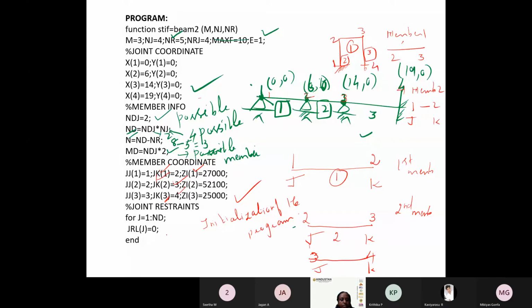Something we have to set to 0, and that is a for loop. There is a for and an end word you can see here. This is called a for loop. So for j is equal to 1 to n, semicolon. One minute, I'll rub it off.